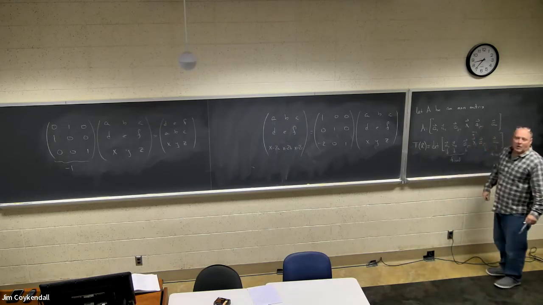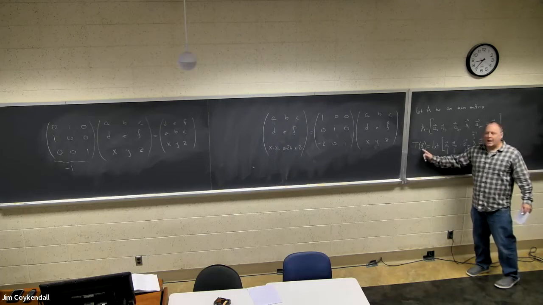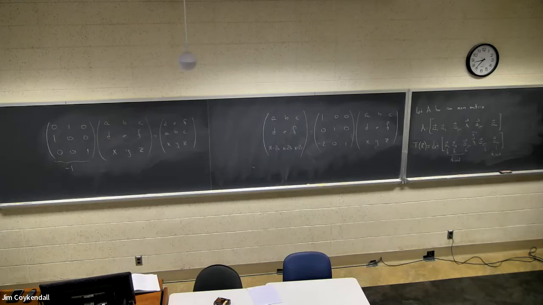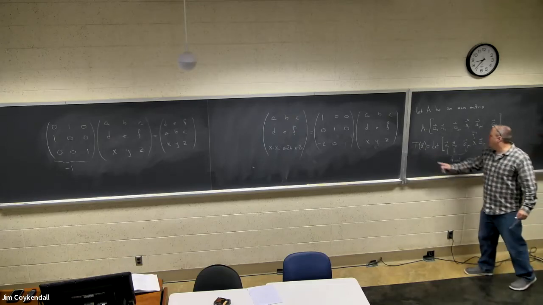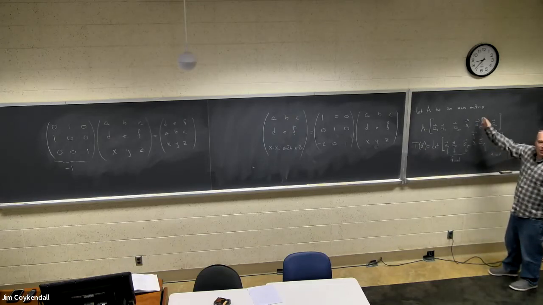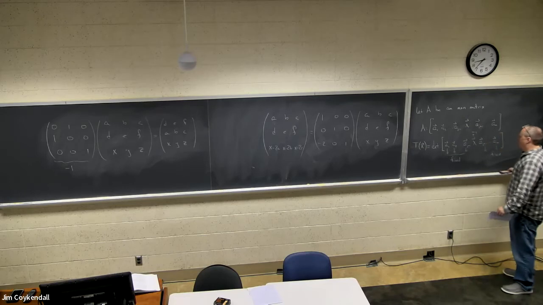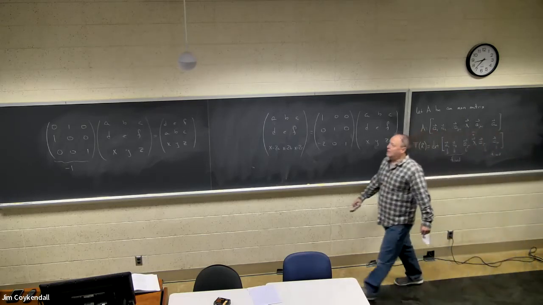By the way, let me ask you a question. What happens when I plug in the zero vector? Anybody tell me? You get zero, very good. Because if you plug in zero for this, that means you've got a square matrix with a column of zeros. That's got determinant zero, right? So when I plug in the zero vector, my outcome is the number zero.